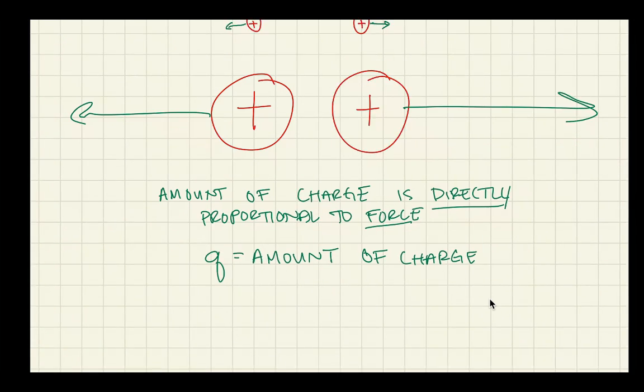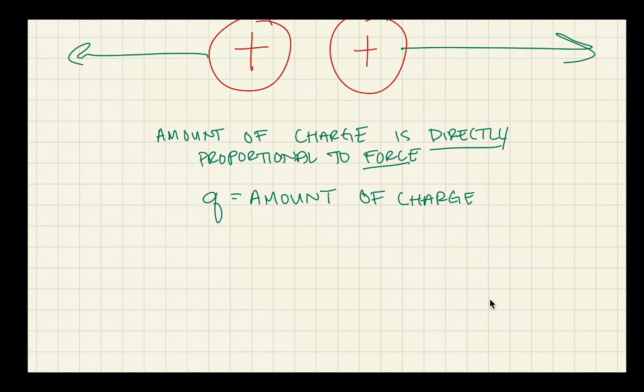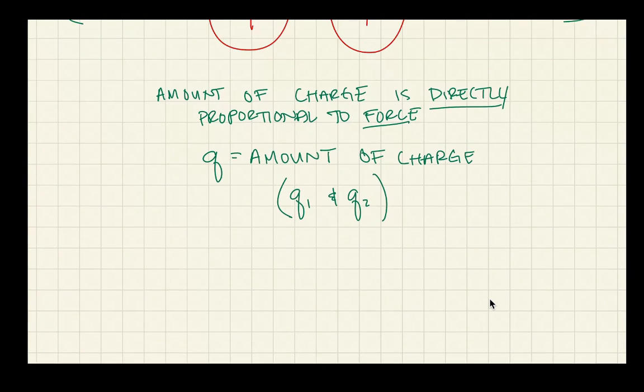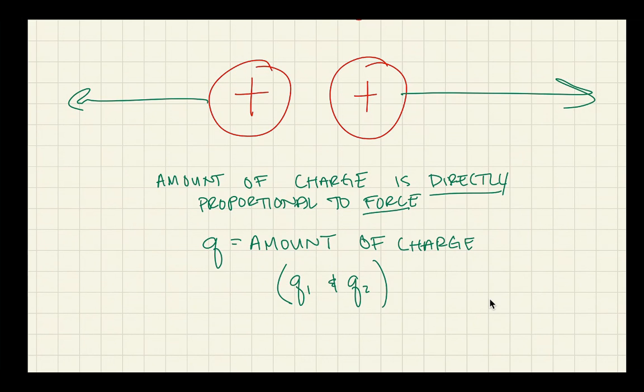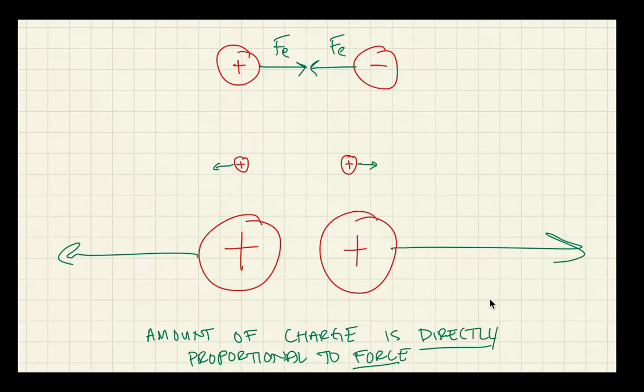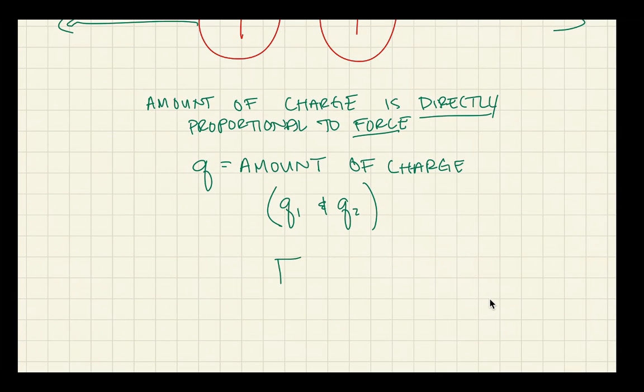And because to have an interaction you need two charged objects, we usually have two charges, so we call them Q1 and Q2. Sometimes these are also referred to as a lowercase q and a capital Q, but we will use Q1 and Q2. So that's one example of something that affects electrical force. We would write this as force is proportional to Q.